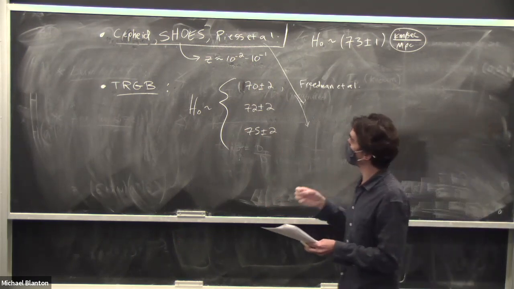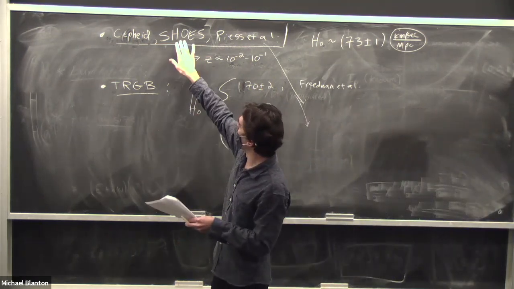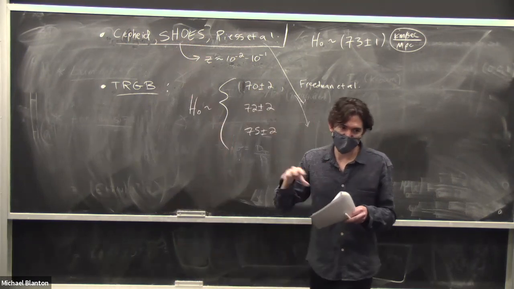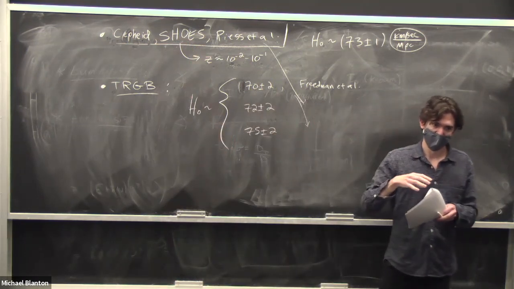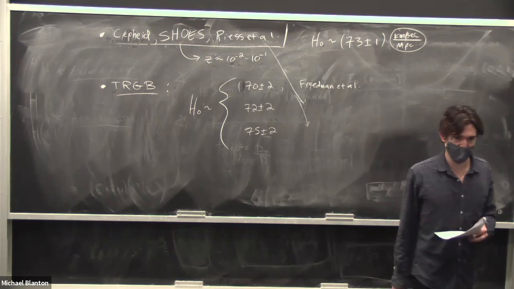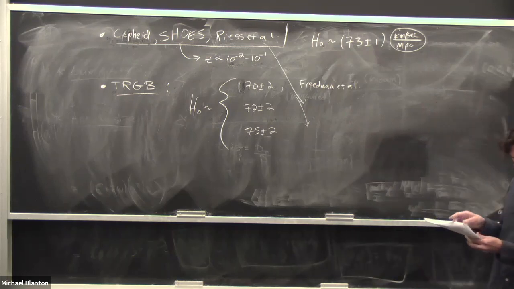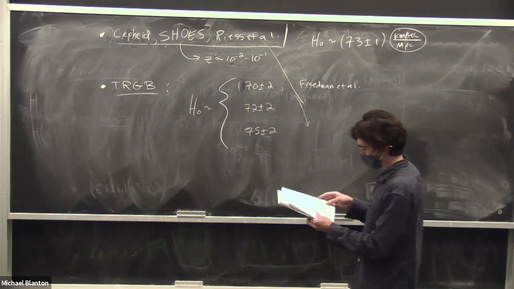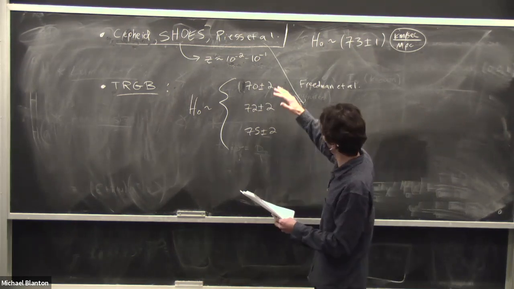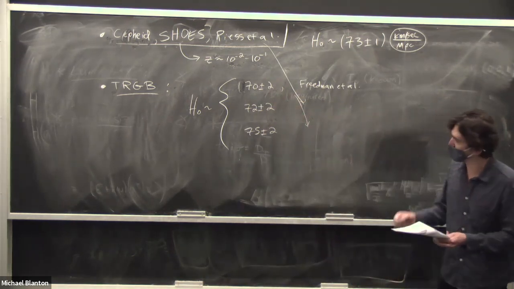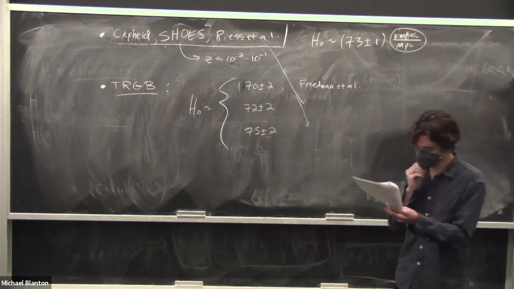Actually, in building up the distance ladder, masers are sometimes used as part of a calibration process to calibrate supernovae to go up higher. And there are also maser analyses on their own; I'll mention what values they get as well. So there's a bit of a scatter with the tip of the red giant branch. These are just different ways to calibrate the supernovae and build up the distance ladder.